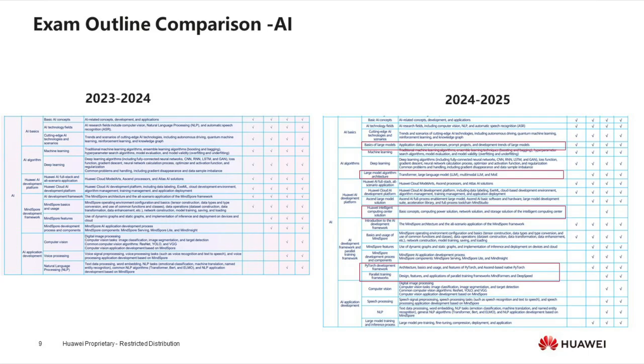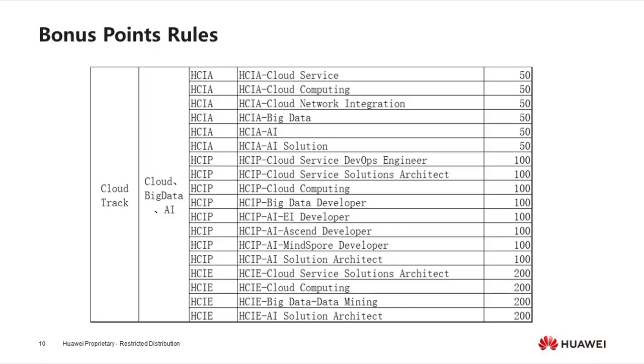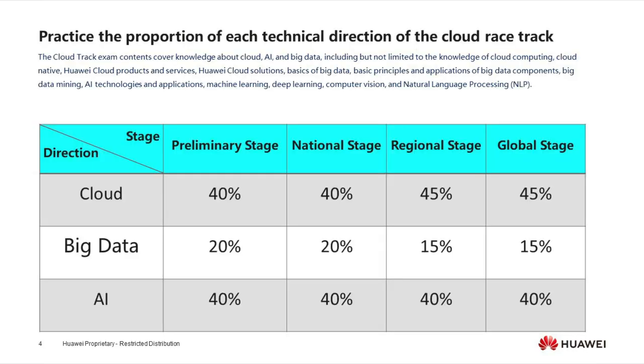Based on that, you need to know more about Huawei AI development platforms like MindSpore, ModelArts, etc. So that's all about the outlines of CloudTrack, which covers three different directions: cloud direction, big data direction, and AI direction.